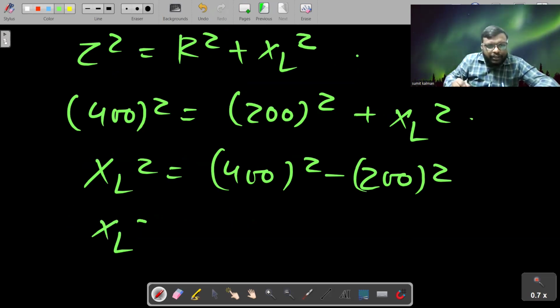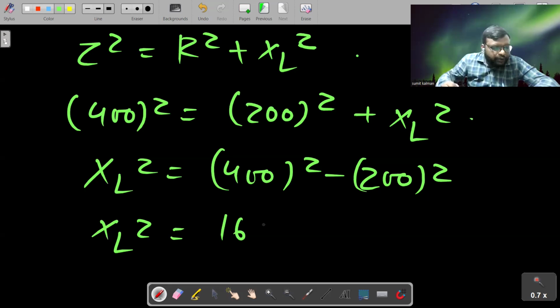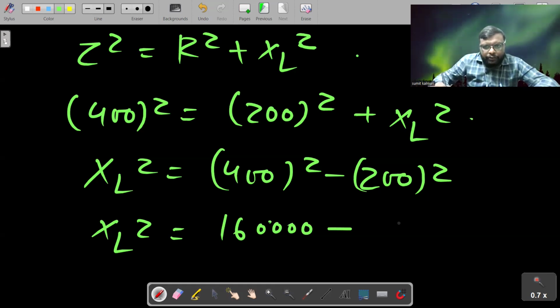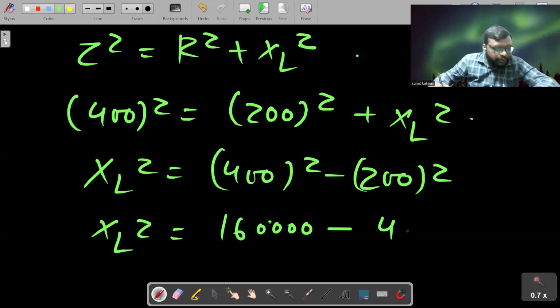Here XL square will become 16 with four zeros, minus 4 with four zeros.